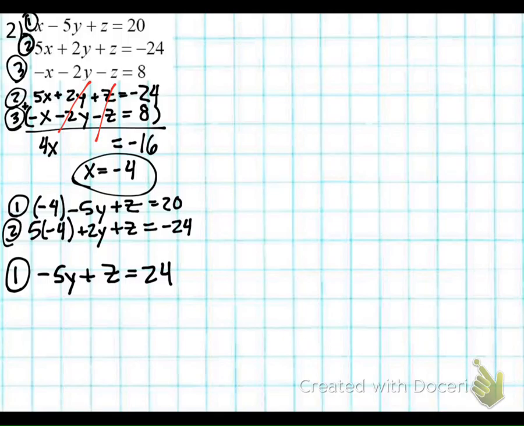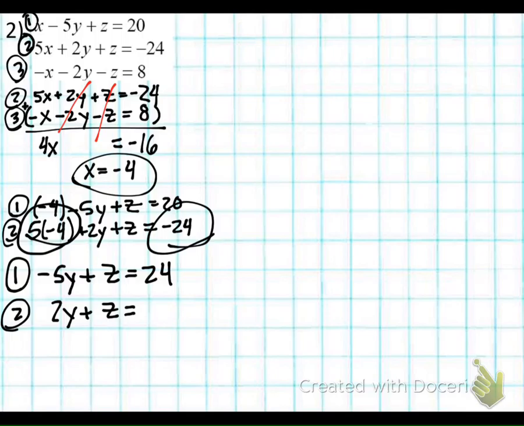Then in the second equation, simplifying, I get 2y plus z equals negative 24, and then this is a negative 20, so adding 20 to the other side, I have negative 4 left.